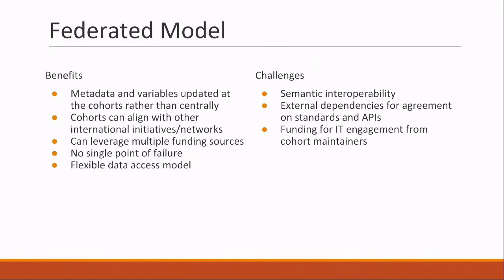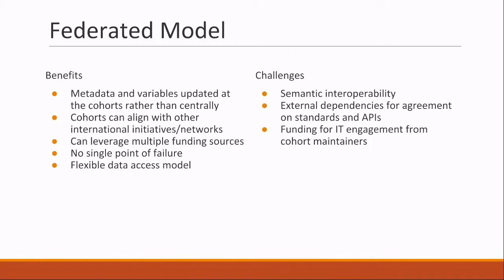The metadata and the variables for each one of these cohorts can be updated almost at source, or maybe at a hub that the cohort is participating in. The cohorts can align with other initiatives. We're already seeing that many of the IHCC cohorts are also part of other initiatives, and having a federated model means there's flexibility for the cohorts to participate in different initiatives.